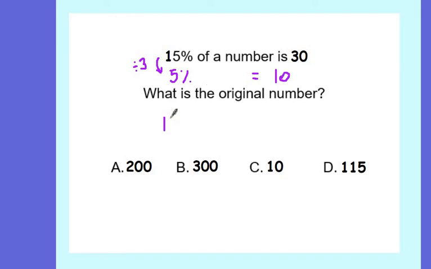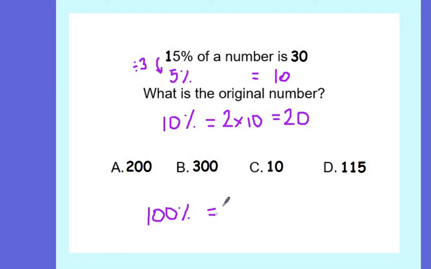If 5% is 10, 10% is just 2 times 10, which is 20. So 100%, or my original number, is just 20 multiplied by 10, which gives me 200. So the correct answer I was looking for was A.